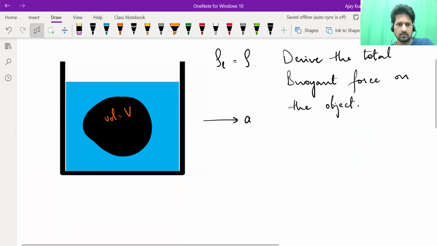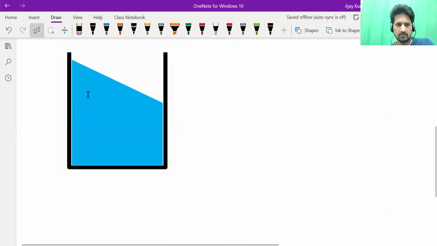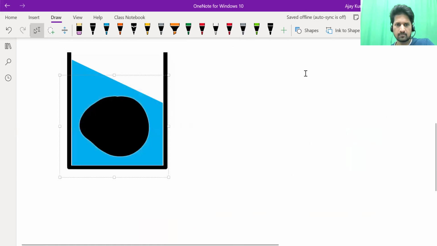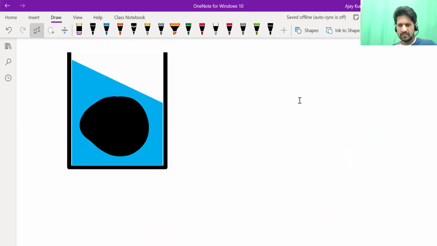Assume this object is present in this container. Whether the object stays there itself or sinks, moves to the right, moves to the left, all that will be determined by the buoyant force acting on it.